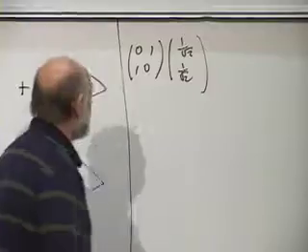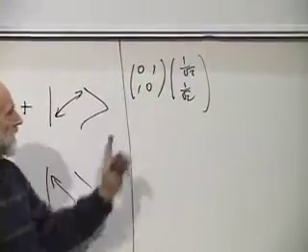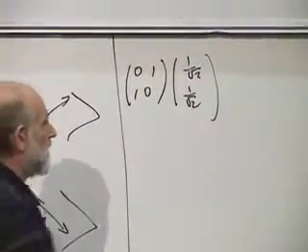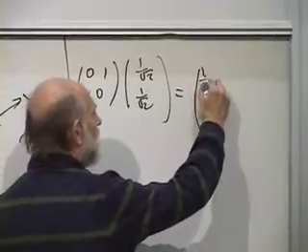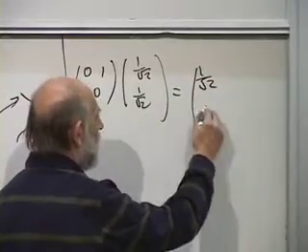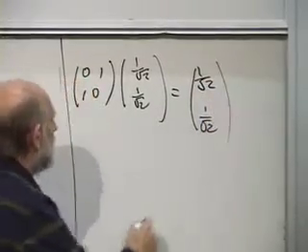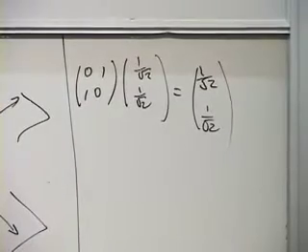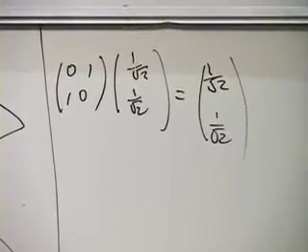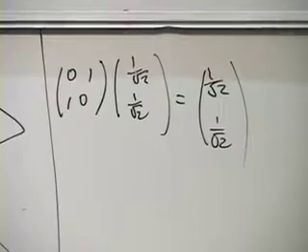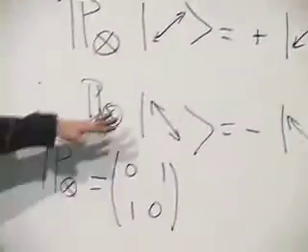To give, let's see what it gives. 0 times this is 0. 1 times this is 1 over square root of 2, 1 over square root of 2. Check that. Okay. So first of all, when it hits this vector, it gives back the same one. Let's see what happens when it hits the other vector.